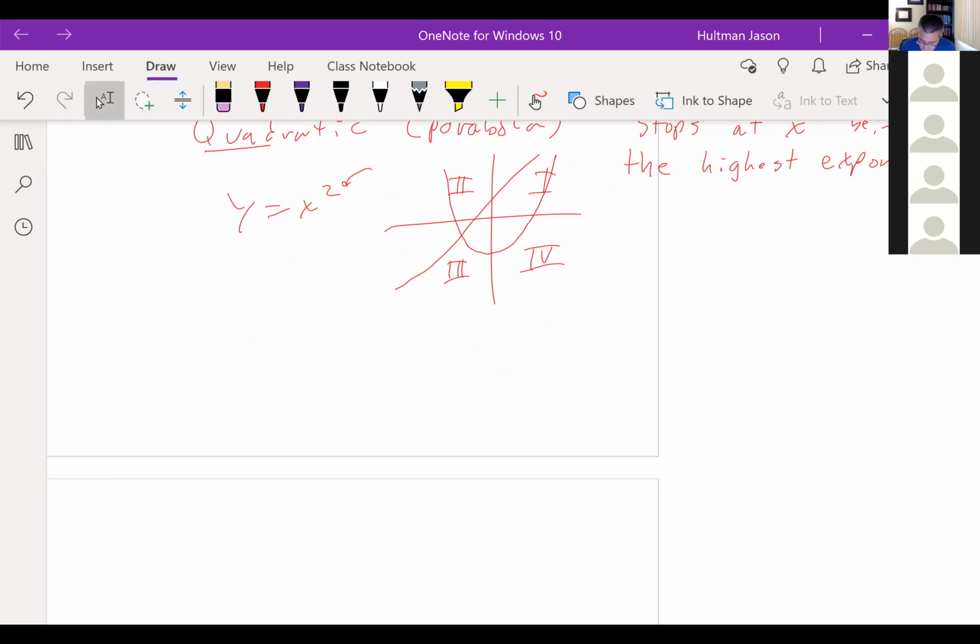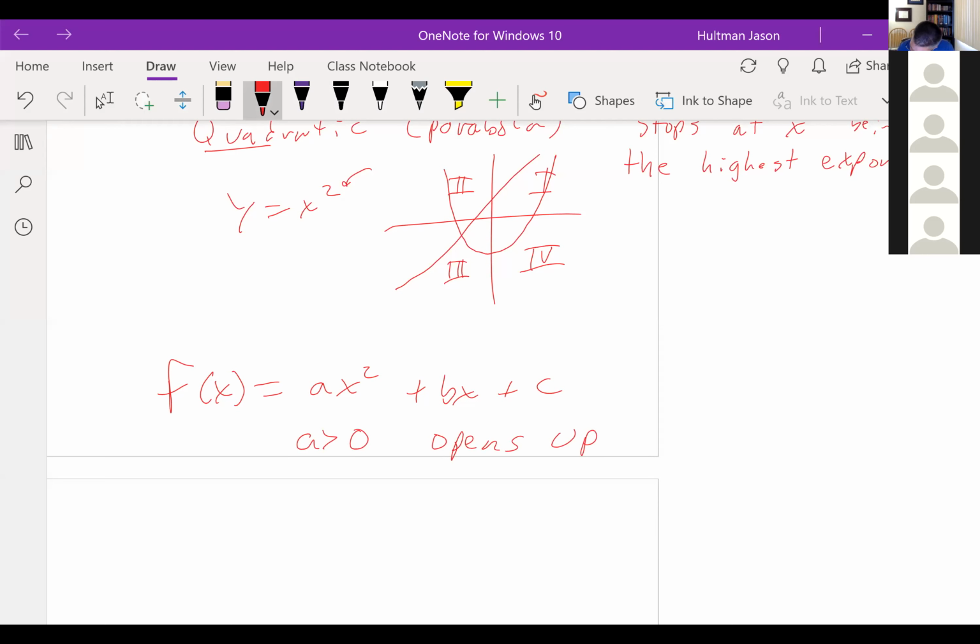Okay. So what's the generic equation for a quadratic? Well, it is f of x equals ax squared plus bx plus c, right? Okay, if a is greater than 0, then it opens up.